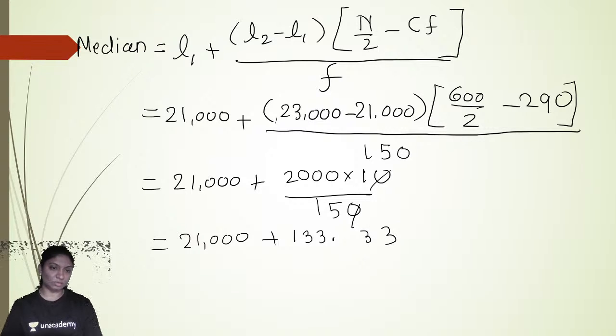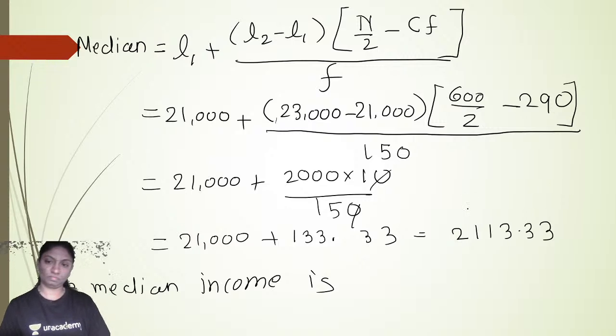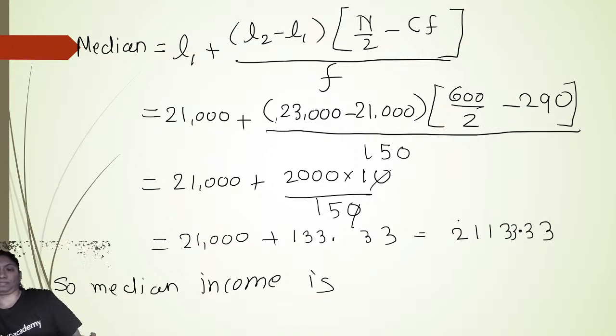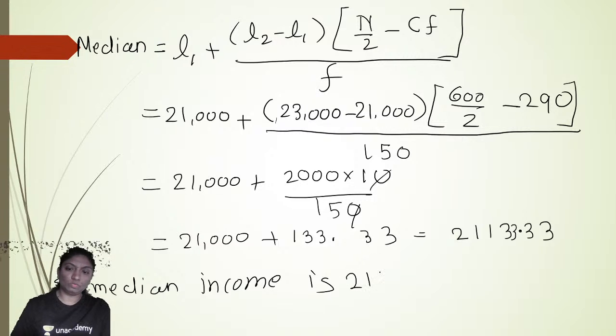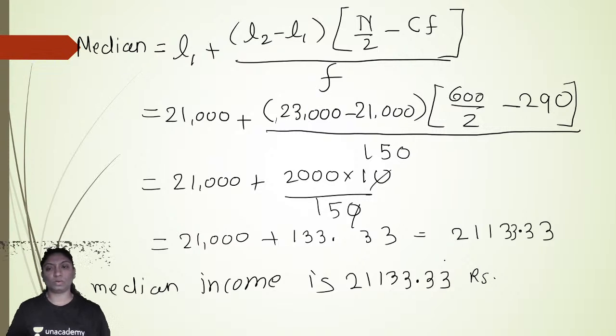So median income is 21,133.33. Okay, this is your median income for the given data.